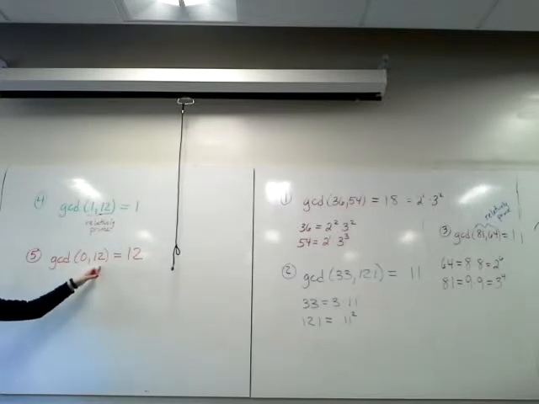So since 12 divides 12 and it's the largest positive integer that divides it, it still works, so it's common. So the GCD of 0 and any positive integer will be that positive integer. Question?